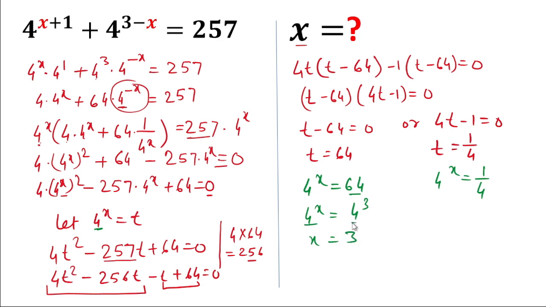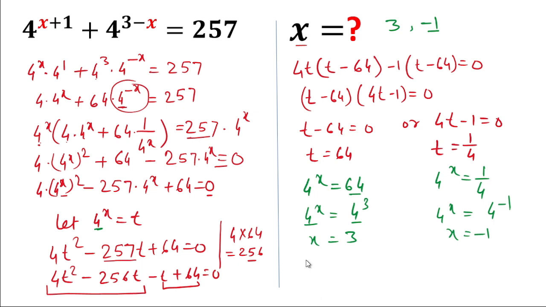The base is the same, so x is equal to 3. Now we'll solve the other equation. Here 4 to the power x is equal to 1 divided by 4, which we can write as 4 to the power minus 1. Here the value of x is minus 1. So friend, for this expression, the value of x is 3 and the other is minus 1.